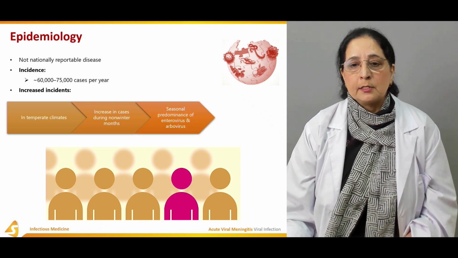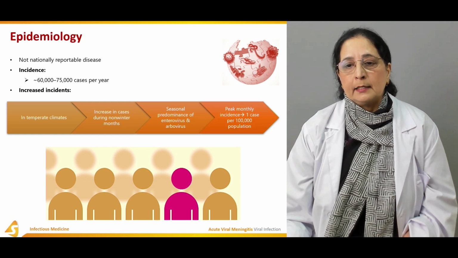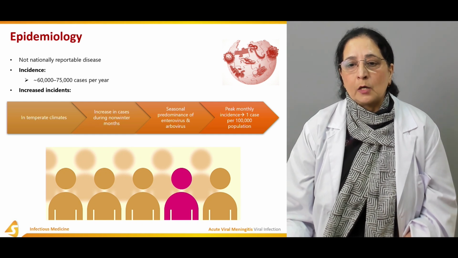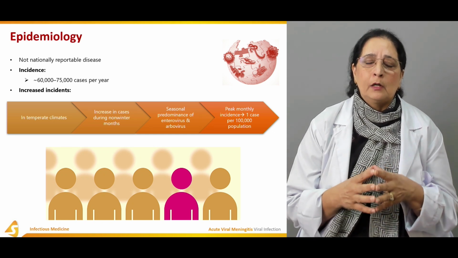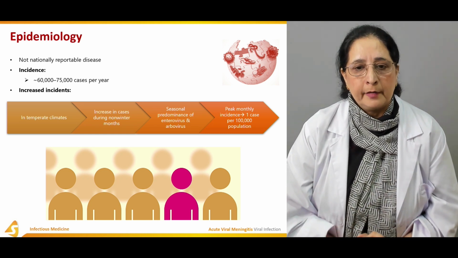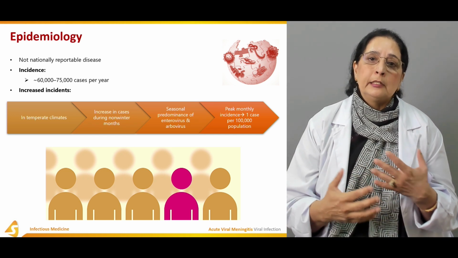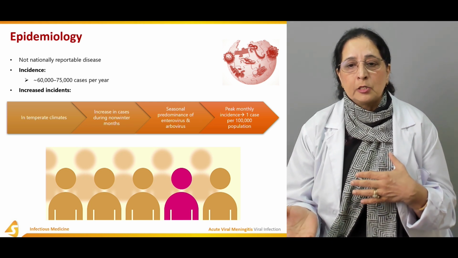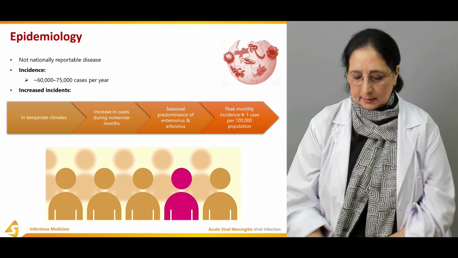Seasonal predominance of enterovirus and arbovirus, and peak monthly incidence is 1 case per 100,000 population. So basically it's not a very reported condition, about 60,000 to 70,000 every year. Weather conditions also cause an increase in incidence, like temperate climates, and seasonal predominance can affect different viruses.